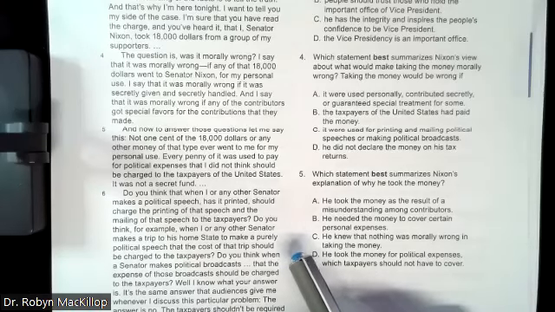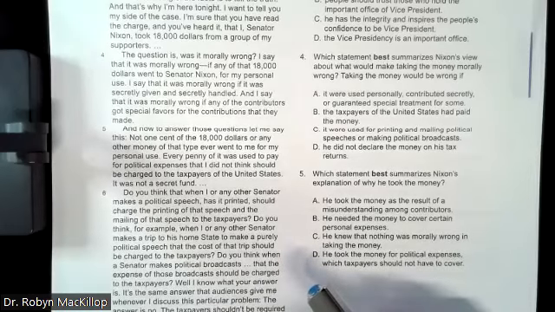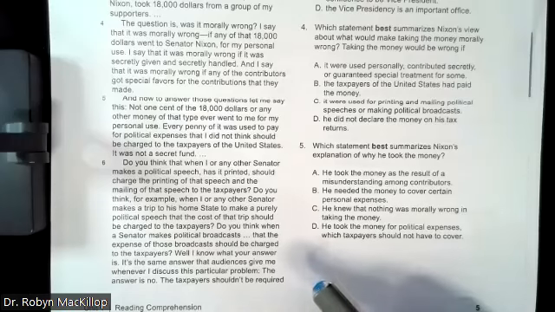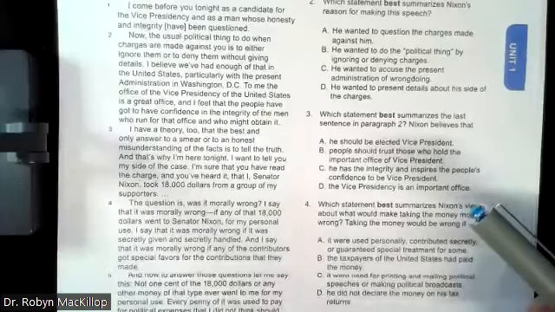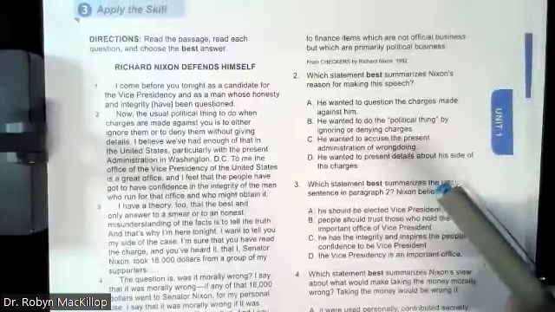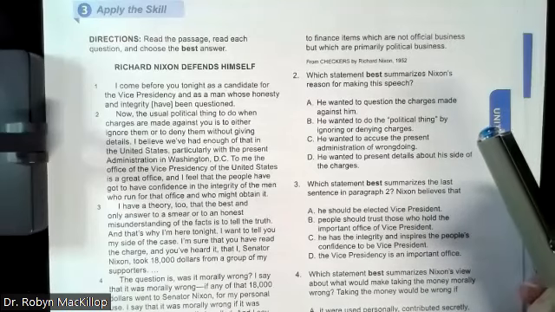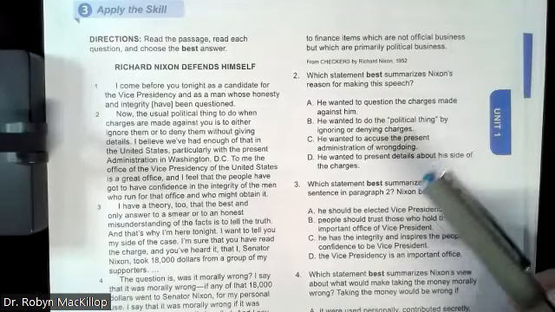Do you think when a senator makes political broadcasts that the expense of those broadcasts should be charged to taxpayers? Well, I know what your answer is. It's the same answer that the audience gives me whenever I discuss this particular problem. The answer is no. The taxpayer should not be required to finance items which are not official business, but which are primarily political business.